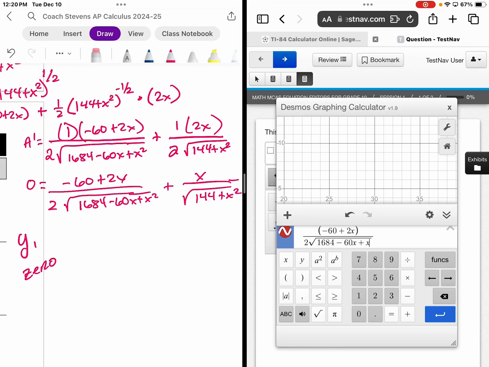If you see me do something wrong, you better holler. Don't let me get this thing all typed in. And then plus, again, give me a fraction of x divided by, on the bottom, square root of 144 plus x squared. Okay, and hit that, and it didn't graph it. Let's see.